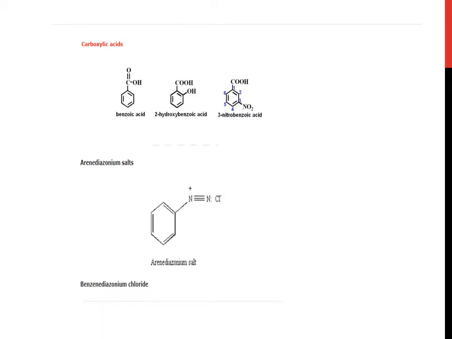This is also called benzene diazonium chloride, diazonium, that it contains N triple bond N. This can also be written as benzene ring with N2+Cl-.